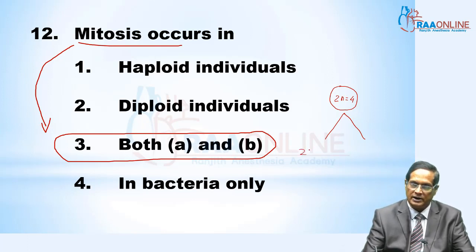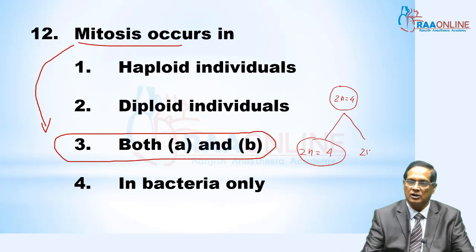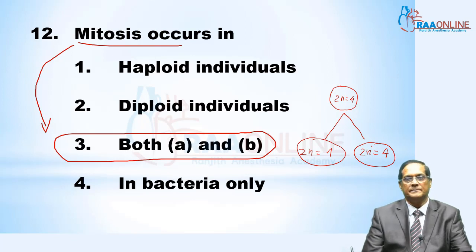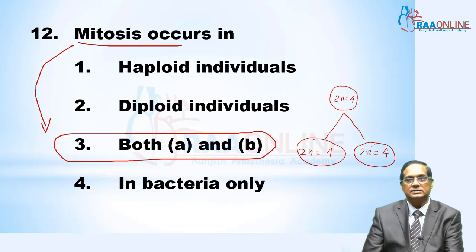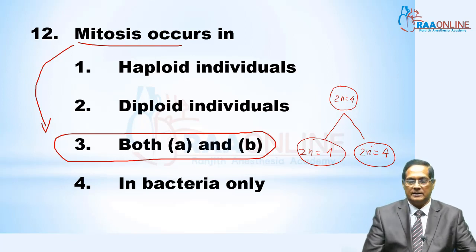Then after mitosis, 2 daughter cells are obtained, and they have the same number of chromosomes as in the parent cell. Mitosis is just like a photocopy. That is, identical cells are formed. The daughter cells are very similar among themselves as well as similar to the parent cell.